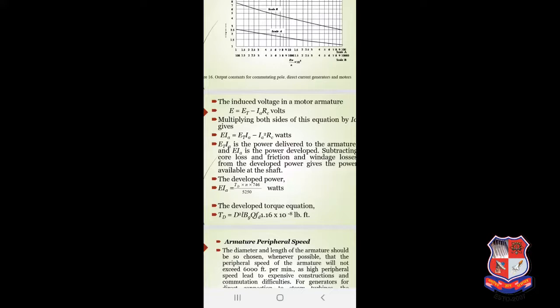Subtracting core losses and the friction and windage losses from the developed power gives the power available at the shaft. So the developed power E Ia is equal to Td into N into 746 divided by 5250 watts. According to that, you can calculate the torque by using this formula.